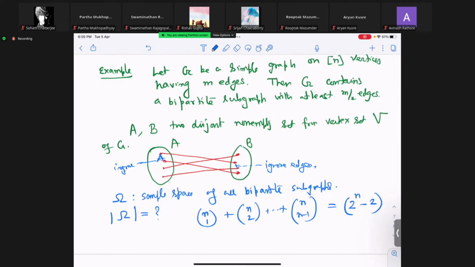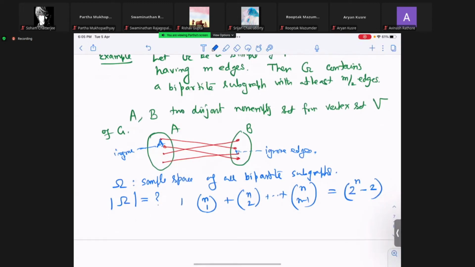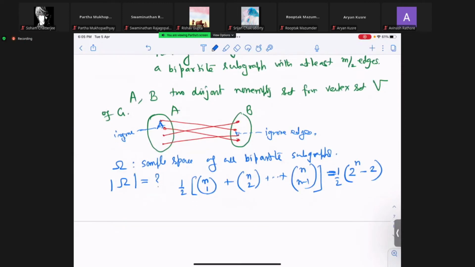So the total number of graphs will be half of this. I don't distinguish between left and right in this question. It's just about which way I can split. So this will be 2 power n minus 1, minus 1. So this is my sample space.